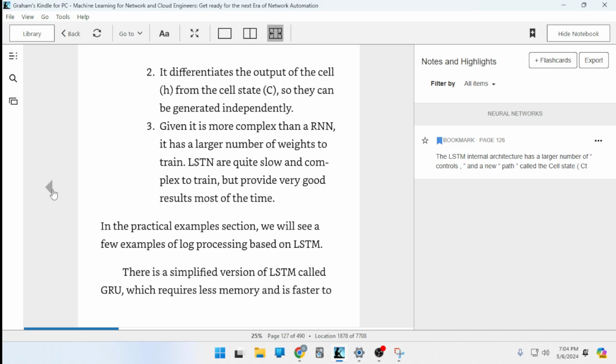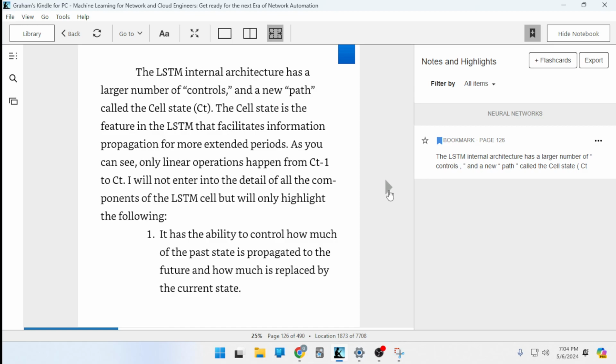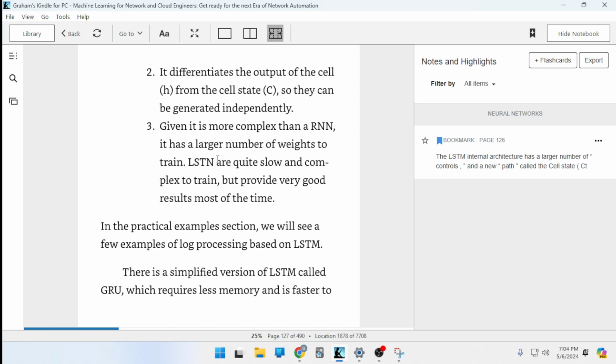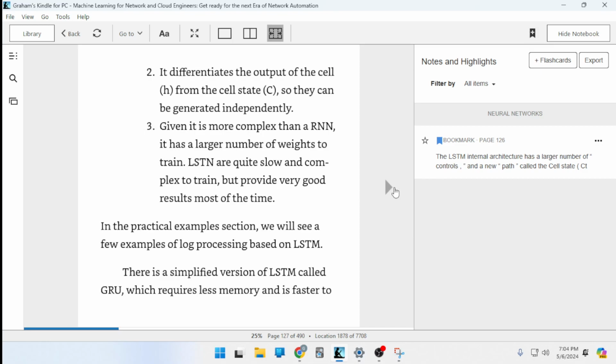Long short-term... LSTN. Oh, is that a typo? I think this might be a typo. There's an N here instead of an M. I think it's meant to say LSTM, long short-term memory. Neural networks are quite slow and complex to train, but provide very good results most of the time. So this is a typo. It's not worth going to the author for, though.